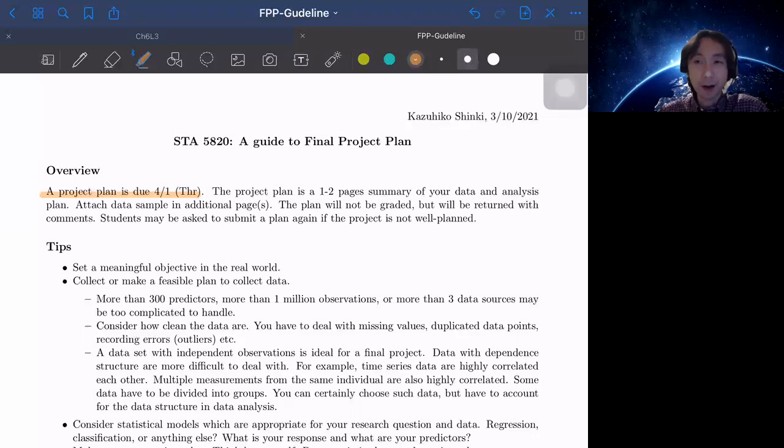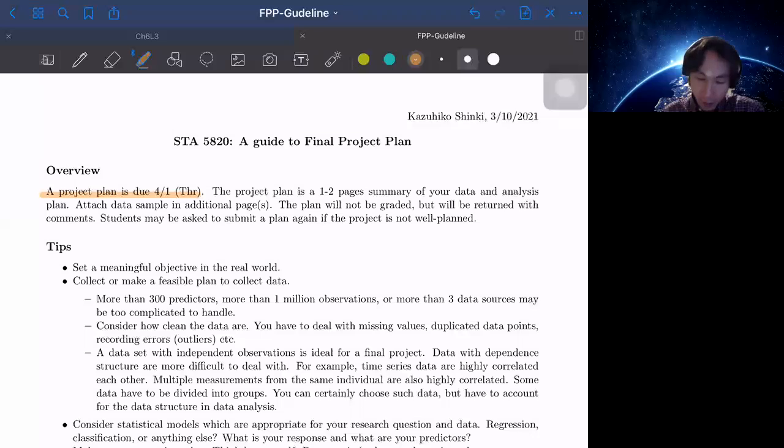It's a little early, but maybe you can start thinking about what kind of data you want to use for what objective. We will study more statistical techniques until April 1st, so you don't really have to develop the plan this week, but I just want to give you a heads up.